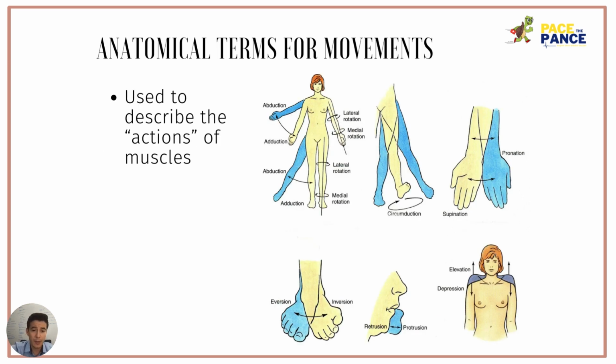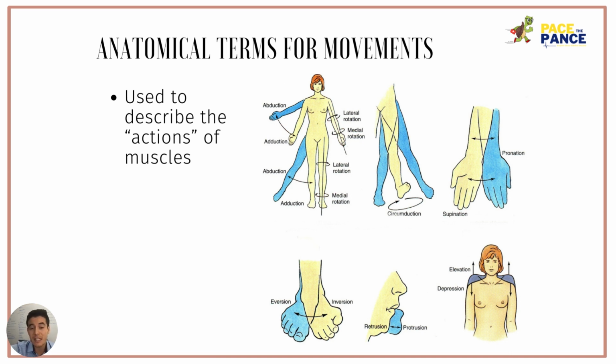So, some anatomical terms for movement. We have various terms that we can use to describe it. We have abduction, adduction, lateral rotation, medial rotation. You can have internal rotation, external rotation, pronation, supination, circumduction, eversion, inversion, protrusion or retrusion, elevation or depression.